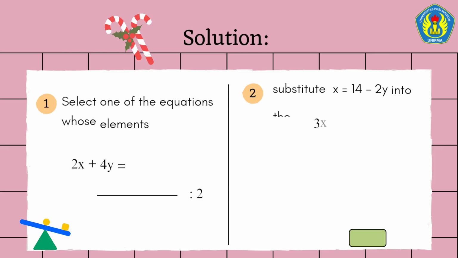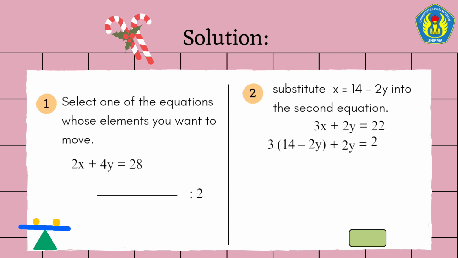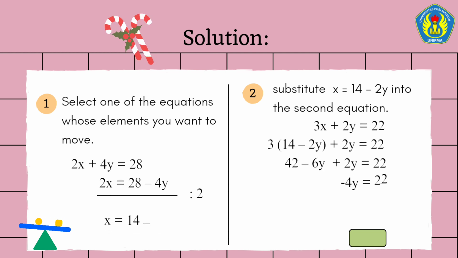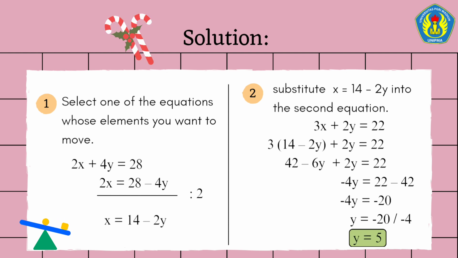The first step, we select one of the equations whose element we want to move. For example, choose the first equation, 2x plus 4y equals 28. Then select the y variable to move to the right side. So the equation changes to 2x equals 28 minus 4y.